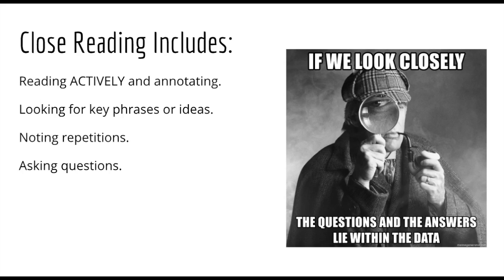There's a difference between passive reading, when I'm reading Harry Potter just for the enjoyment, and active reading, which is trying to really understand a text and get to the bottom of what's going on in it. So close reading includes things like reading actively and annotating.